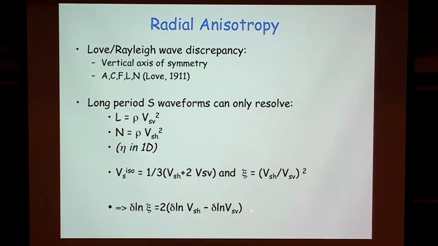If you look at relative variations, this is expressed as the difference between the relative variations of the SH and the SV waves. And this should be an index here, of course.